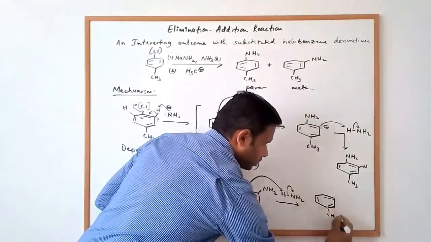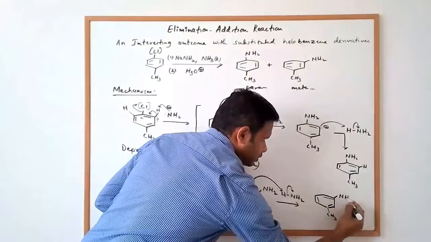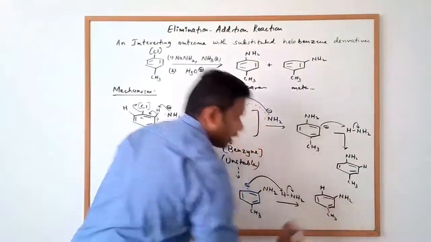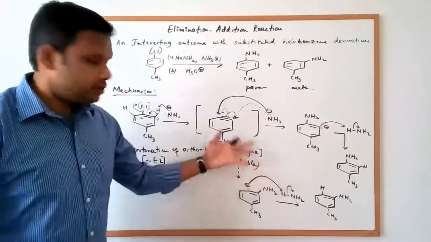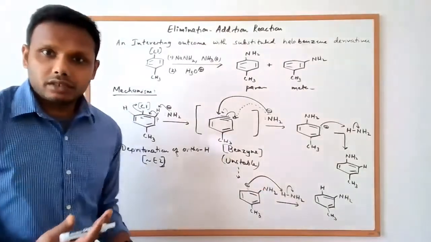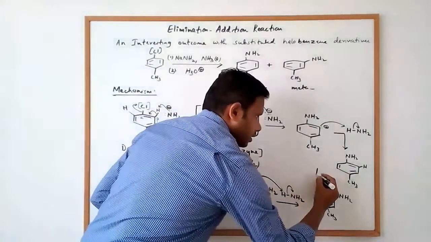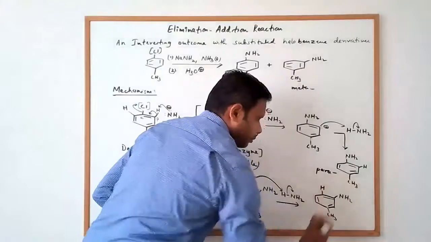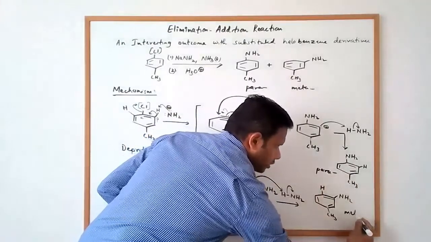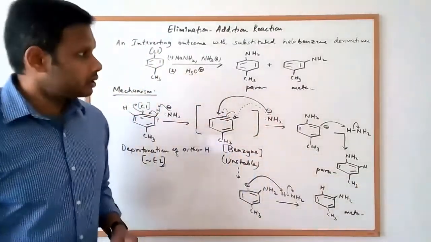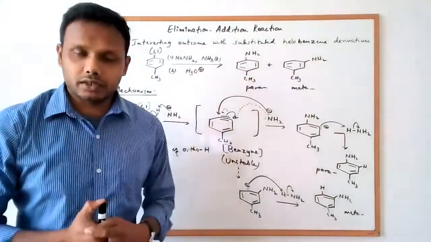So methyl group over here, NH2, and the hydrogen. So that way, the benzyne intermediate allows us to explain the formation of the para product and the meta product that we see in this reaction.